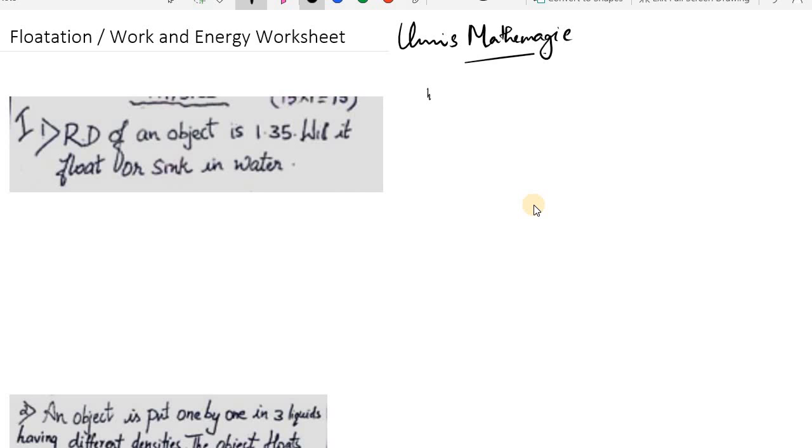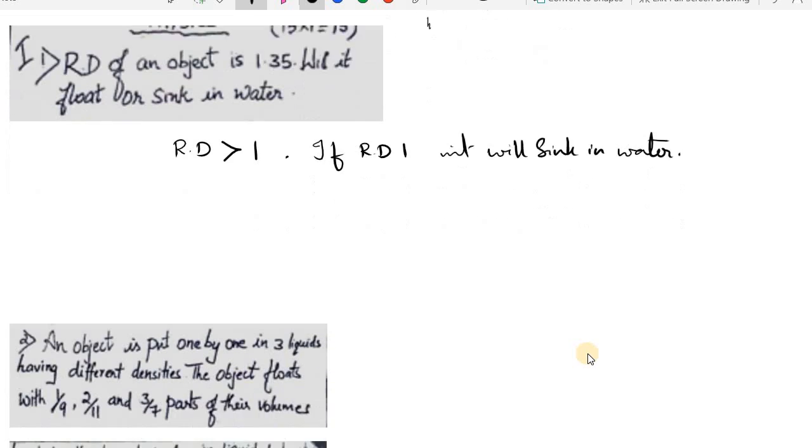Since the relative density is 1.35, the relative density is greater than 1. So if relative density is greater than 1, it will sink in water. Let's go to the next question.